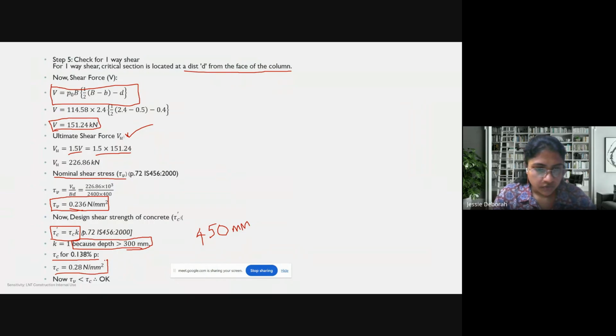So you know that tau v is less than tau c. So this section is safe.